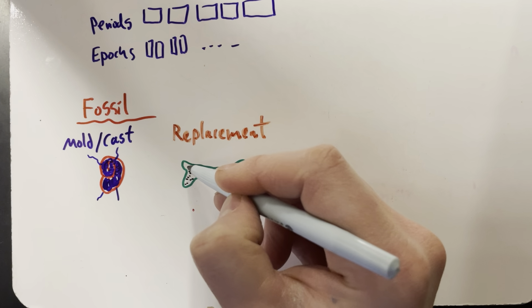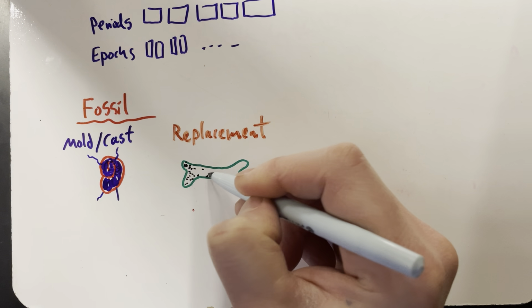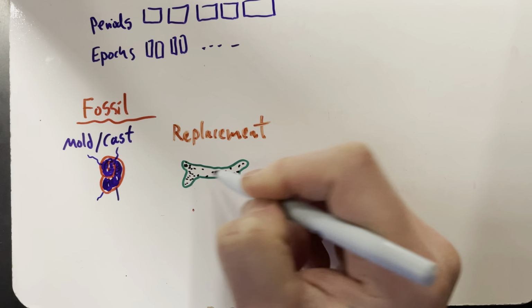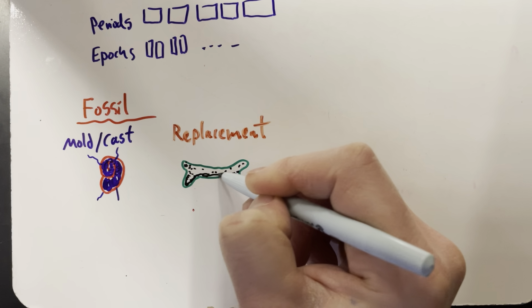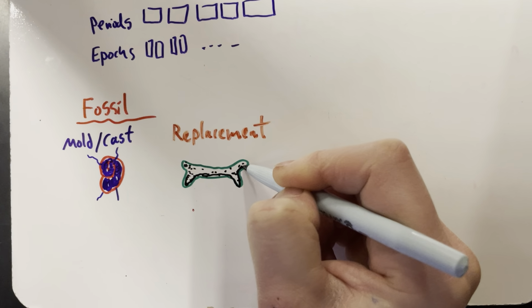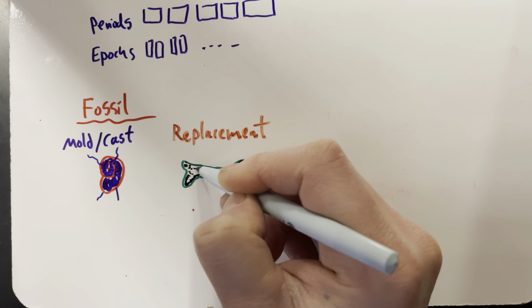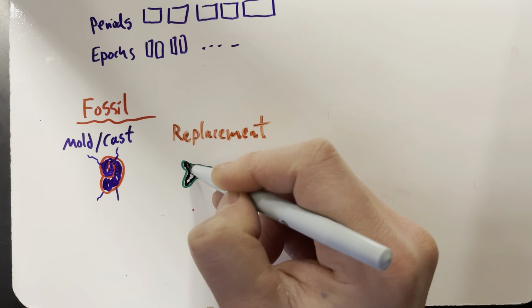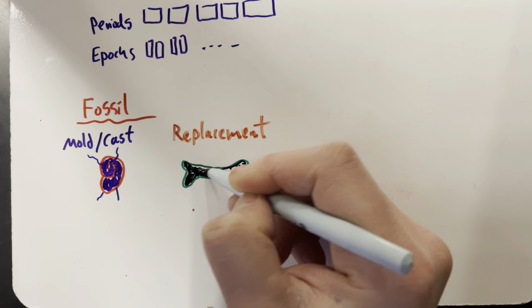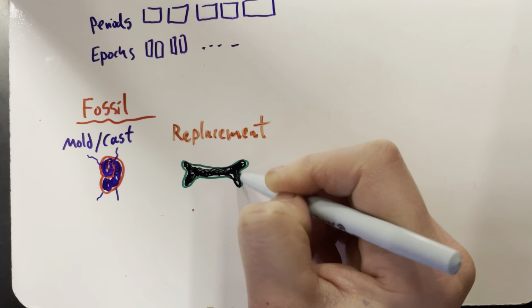So it'll start to get more and more minerals until eventually the entire thing is just stone. When you see dinosaur skeletons, that's what's happened. Usually the bone has been slowly replaced by stone.